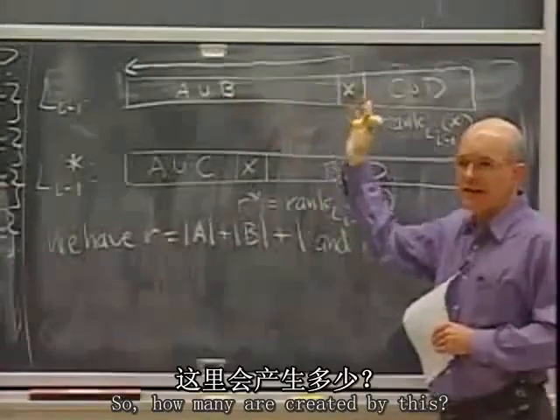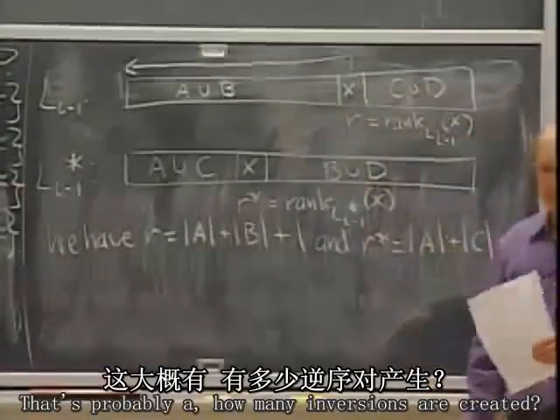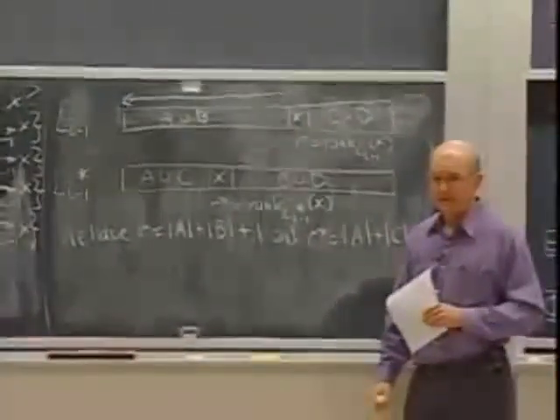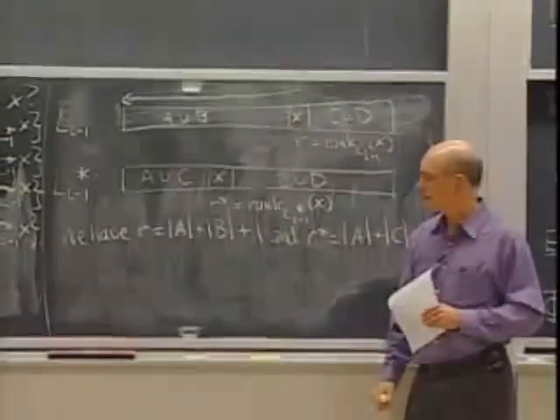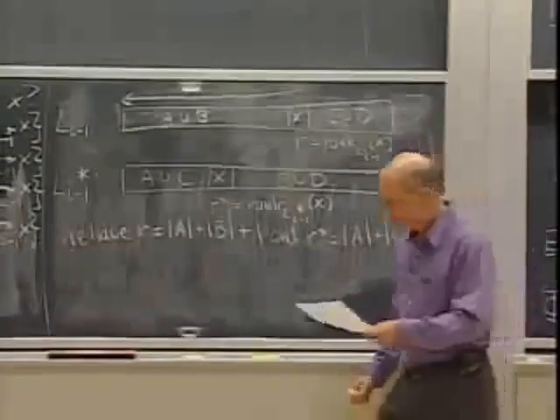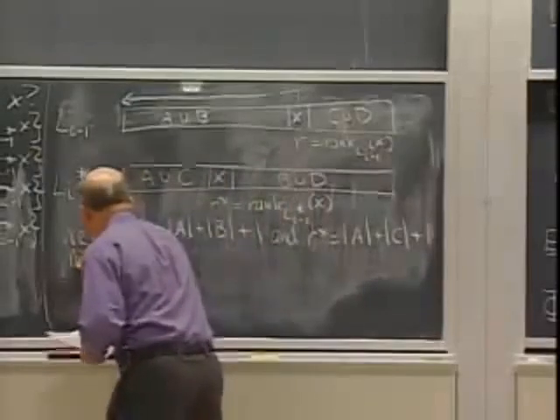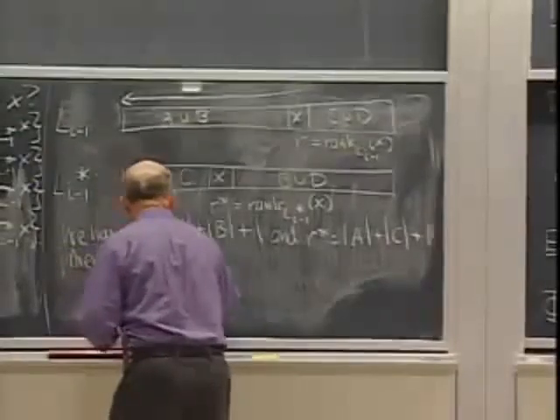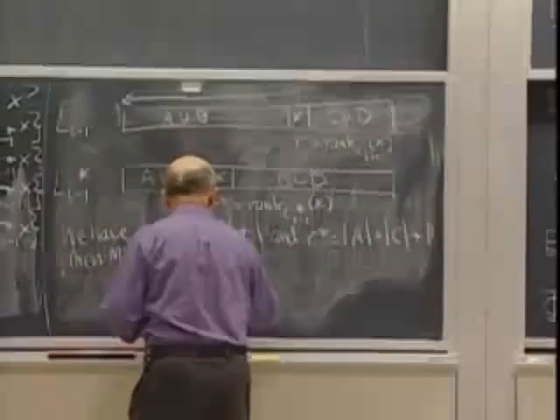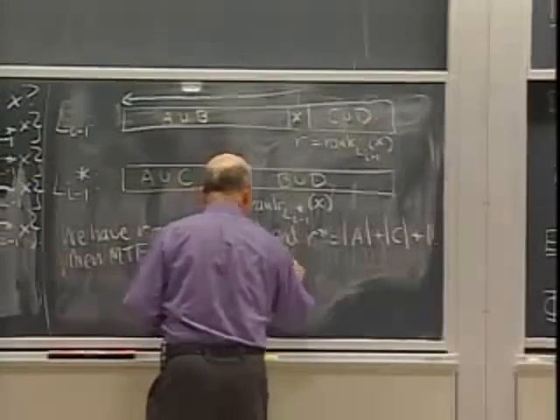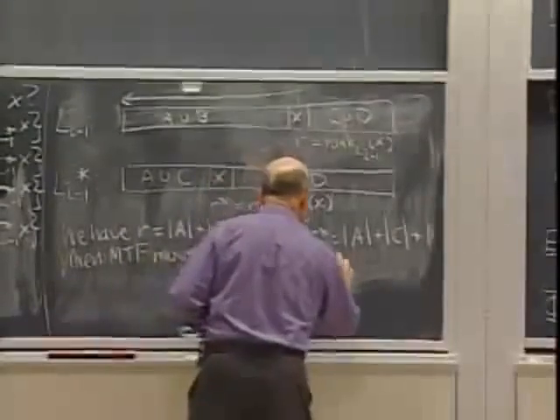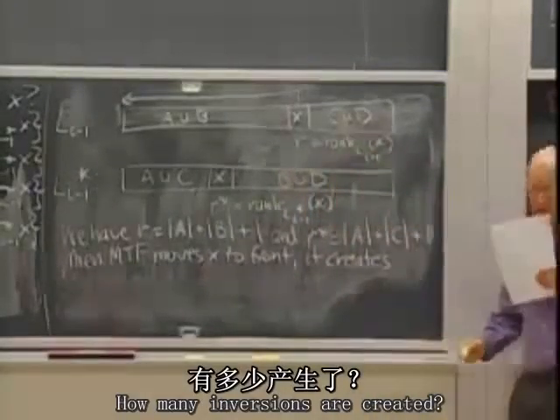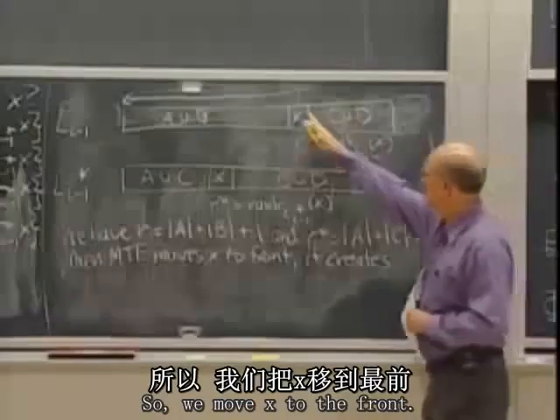How many are created by this? So we move X to the front.